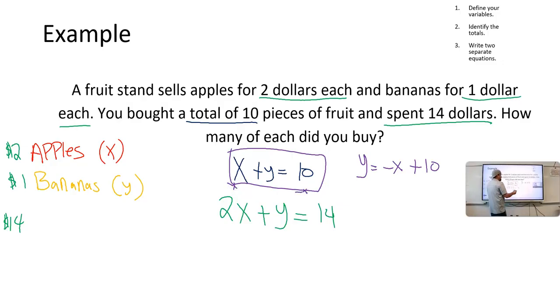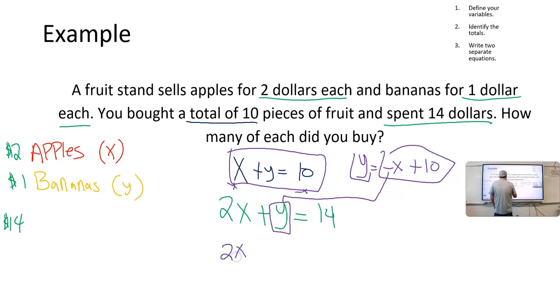Okay, so now I'm going to take that and plug it in right here. So I'm going to say 2x plus, now you can use parentheses if you want. You don't have to in this case because there's no multiplication that's going to happen. So negative x plus 10 goes in place of the y, equals 14.